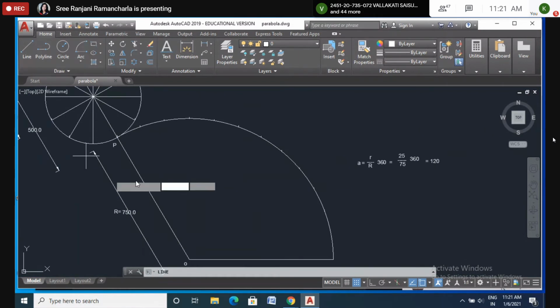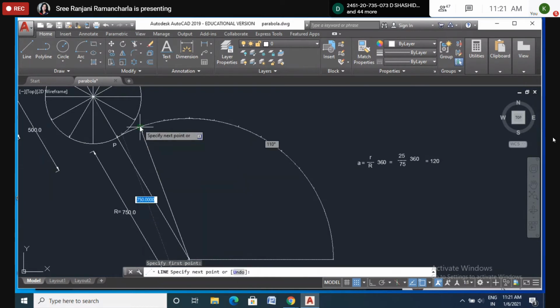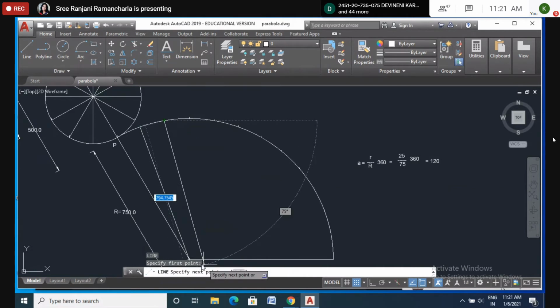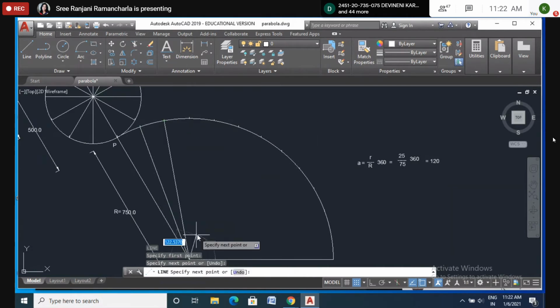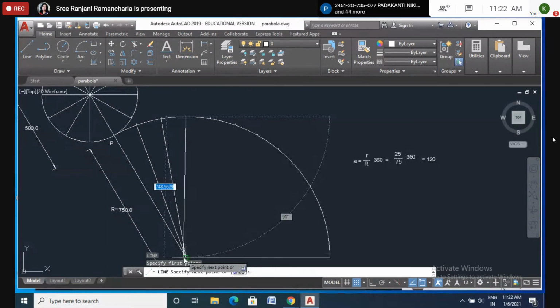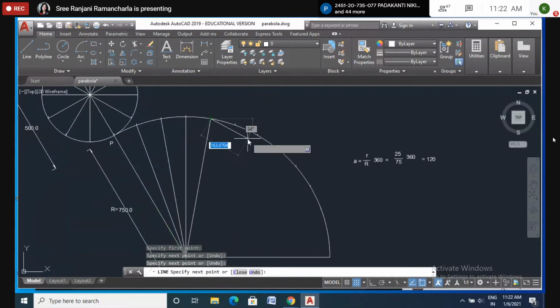Now draw the lines from each part, from here, here. You have to draw these lines with a 2H pencil, not with an HB pencil. HB pencil is for actual figures.